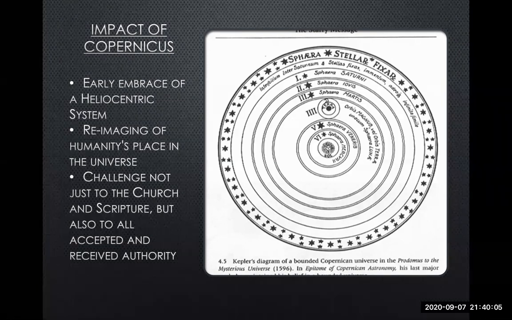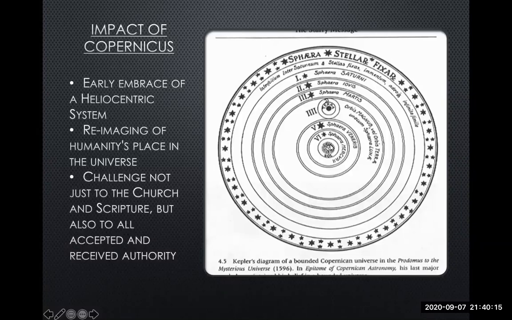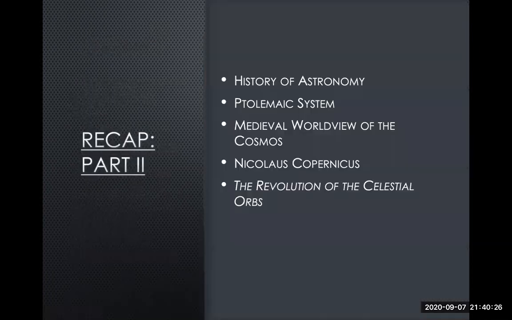This is what the intellectual powers that be have been saying for centuries. And Copernicus, in setting forth this system with the sun here at the middle, is laying forth this new idea that challenges not just the church, but also all these established authorities who have been pushing this system for centuries.